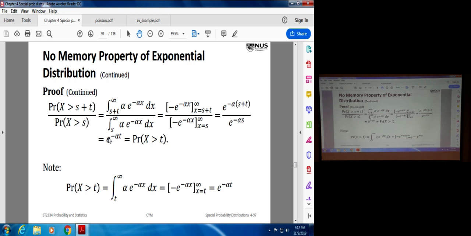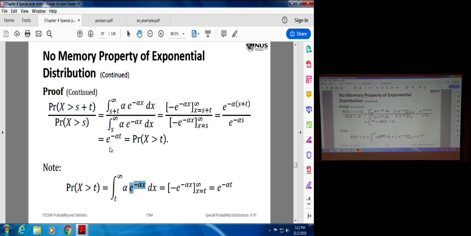But what do we know? The probability x is bigger than t, you can compute it. We've already done it here, actually. You can just put t in here. But if you prefer, the probability x is bigger than t is the integral between little t and infinity of alpha e to the minus alpha x. The integral of this is minus e to the minus alpha x between t and infinity. Infinity gives 0, and subtracting minus e to the minus alpha t, I get e to the minus alpha t.